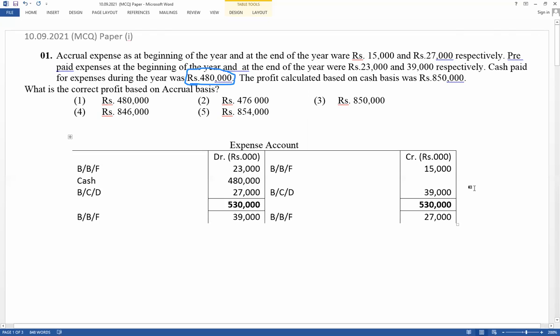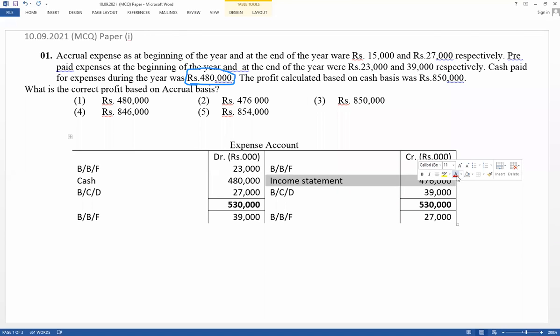That is the value that should be considered as expense under the accrual basis, whether cash is paid or not, cash received or not. This is the value considered as expenses based on the accrual basis in the income statement or profit and loss. This is called the closing entry. Therefore, this is the value you have to consider as an expense.